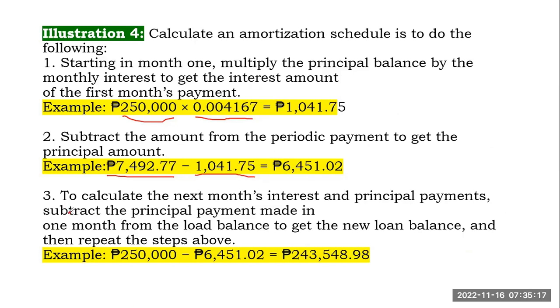And then, to calculate the next month's interest and principal payments, subtract the principal payment made in month 1 from the loan balance to get the new loan balance, and then repeat the steps above. So, for example, 250,000, that's the principal. And then, i-minus lang natin yung principal amount.